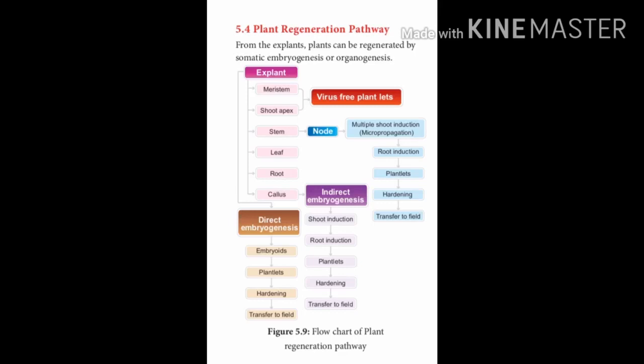Another mode of culture regeneration would be multiple shoot induction, which we also call micropropagation, where we have a root induction and from this root we get the plantlets, hardening and then transfer it into the external field. So these are the various pathways for plant to get regenerated to grow into new plantlets. So we'll discuss some of these steps now.